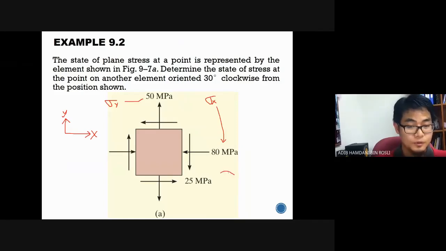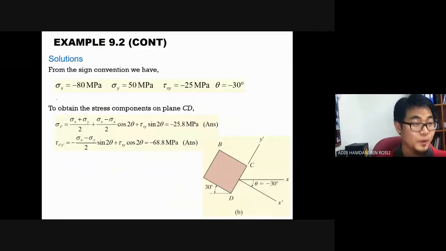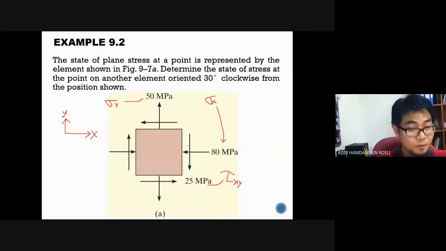Your tau xy, the shear stress, is this, and the value is negative. So sigma x equals minus 80, compressive. Sigma y equals 50, tension. Tau xy equals minus 25. Why? You see the one on the right-hand face is going down, so it is minus 25 megapascal.